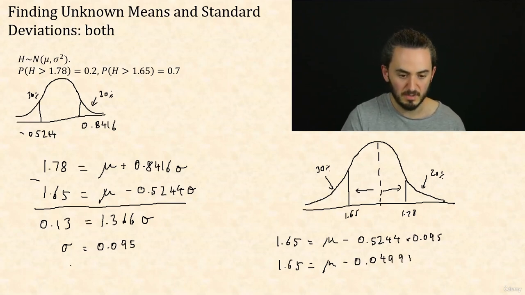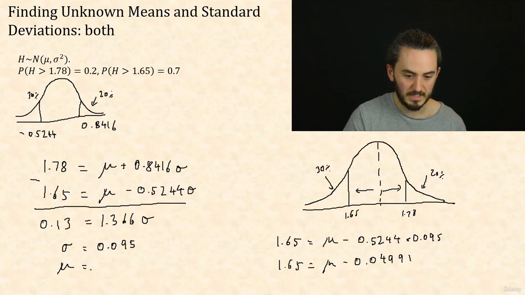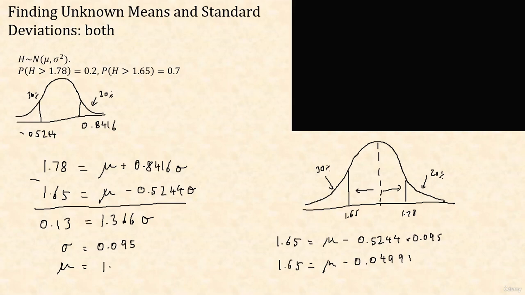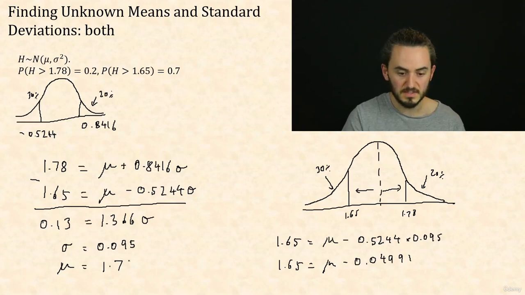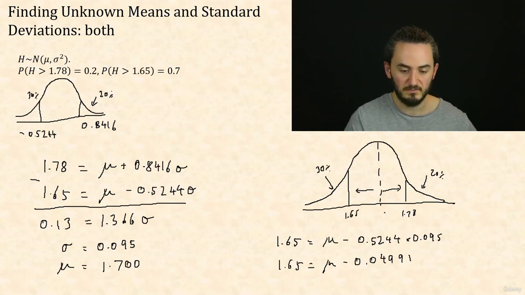So that means that my mean is 1.65 plus this answer I just got. So I get a mean of, well, my calculator is saying 1.6999, so to 3 decimal places, that is 1.700. Does it make sense? Sure, because look, I was expecting an answer somewhere between 1.65 and 1.78.